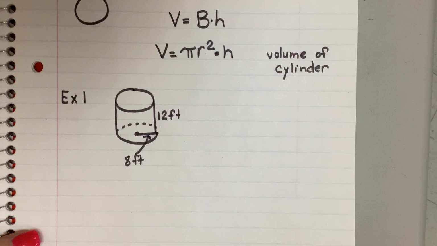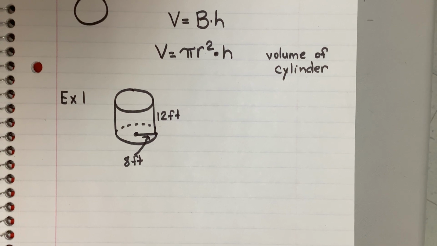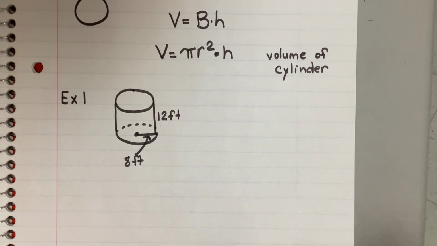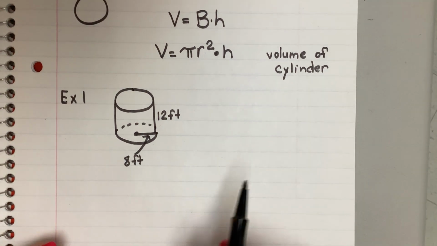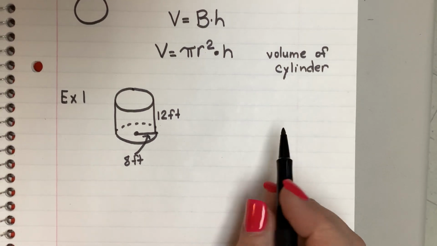So when you work your problems, this is one thing they're going to ask you to do. They're not going to want you to put it in a numerical form. Sometimes they're going to ask you to leave it in exact terms of pi.